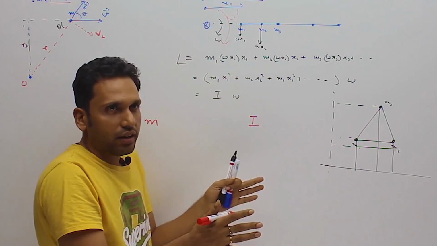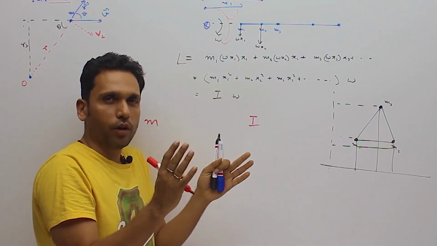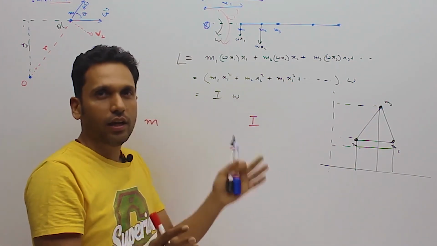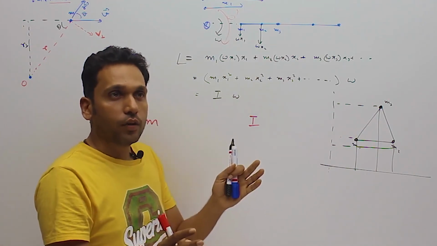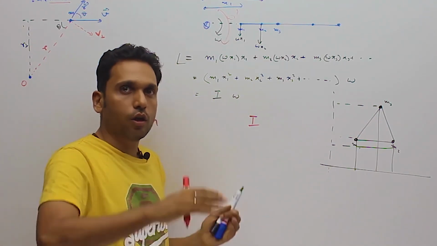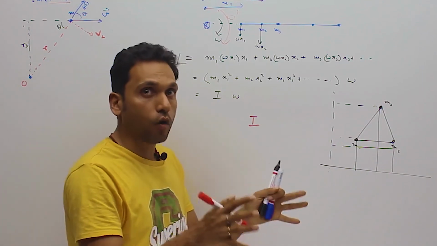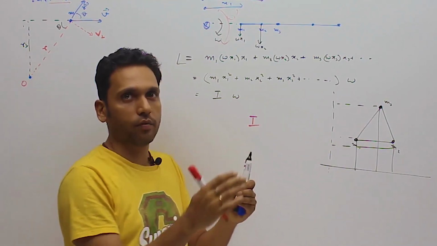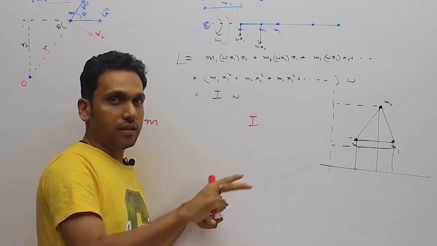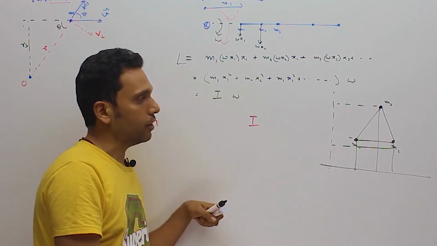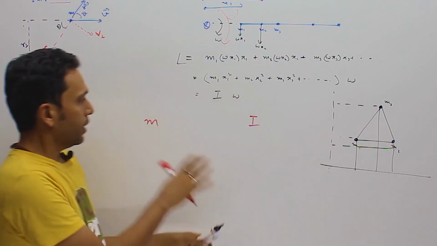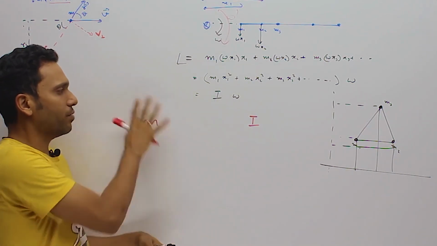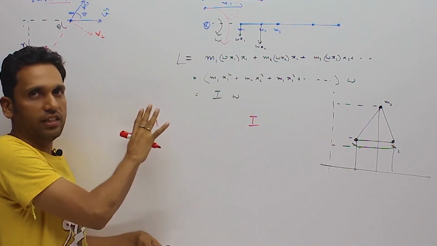Like higher the I, the body will try to remain in its state of rotation and won't start rotating with a higher angular velocity or a lower angular velocity unless a lot of external force, this time force with the distance from the point of rotation, so external torque, unless a lot of external torque is put on the body. So here, if it was a massive body, you required a big force to change its state.